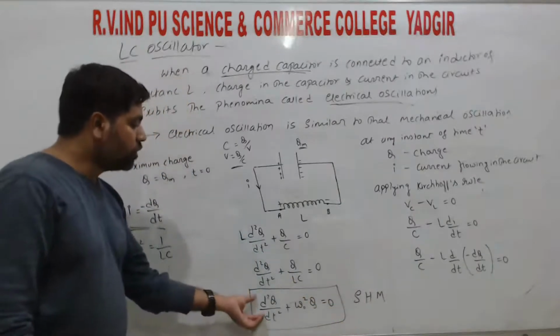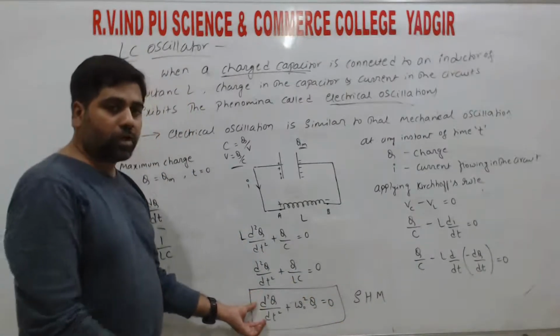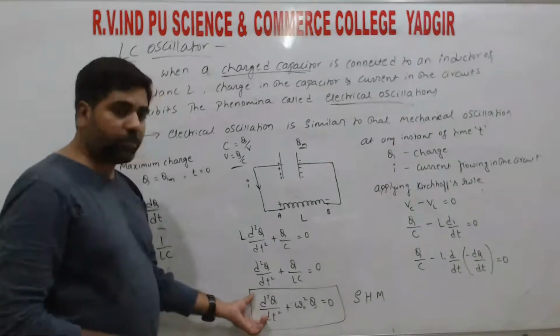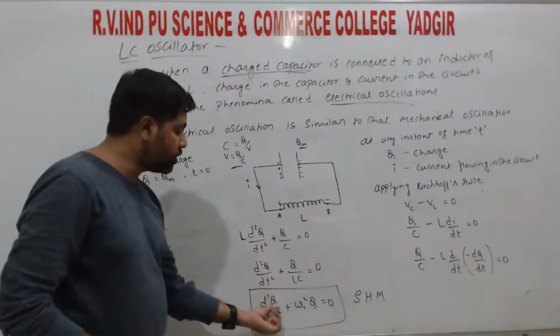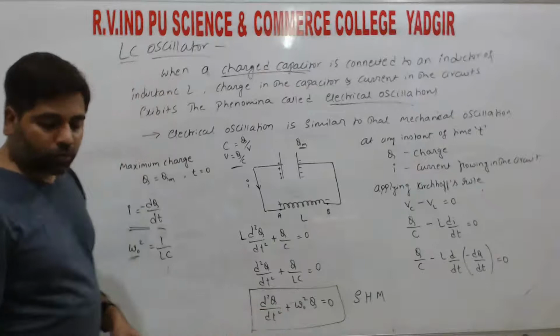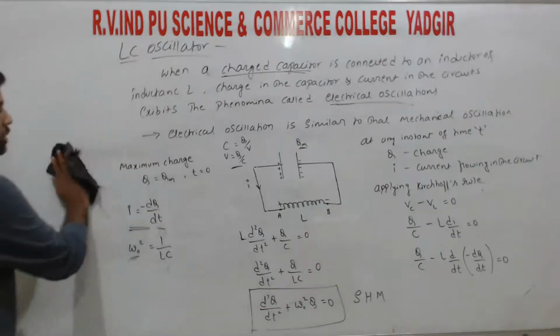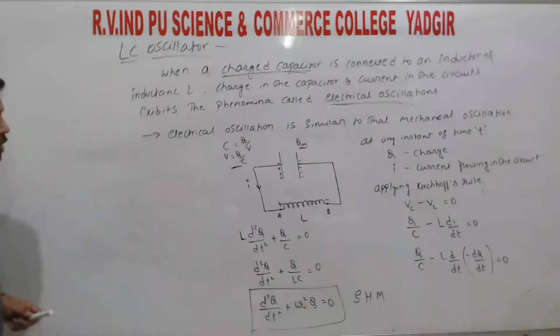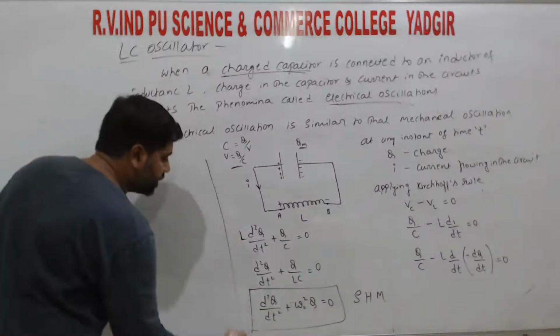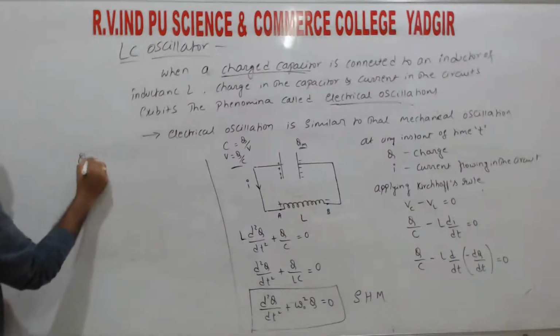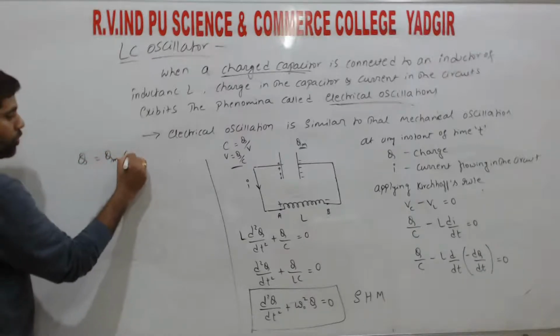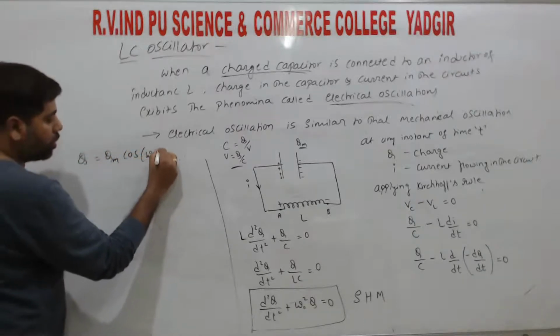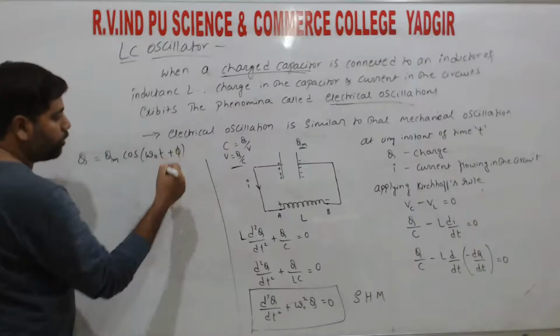Now if we find the solution, in the previous class also the same relation came, there we found the relation for q, right? So here also if we find the solution for this equation, we get q is equal to qm cos of omega naught t plus pi.